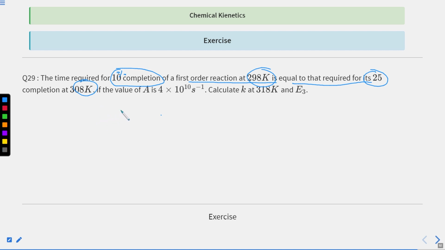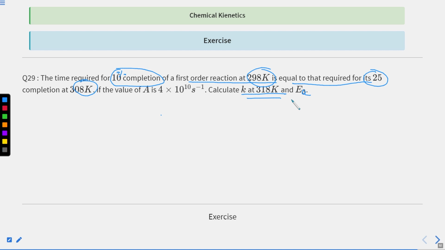So this is being said. Now the value of A is given. Calculate K at 318 Kelvin, and EA also we have to calculate. Now how we'll solve this?